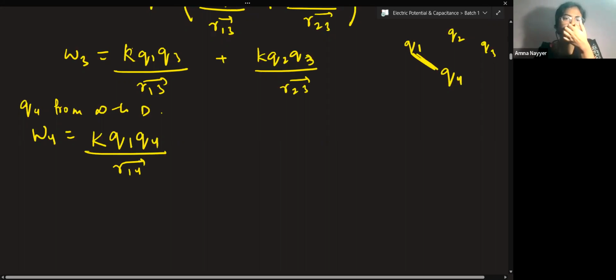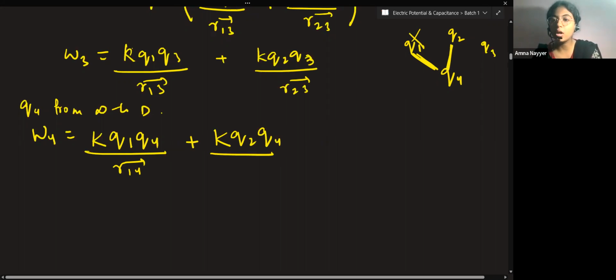I'm just taking general terms. Plus Q4 is interacting with what charge? Next, Q2. So it will be K Q2 Q4 divided by R24, the separation between Q2 and Q4. This is just generalized terms.